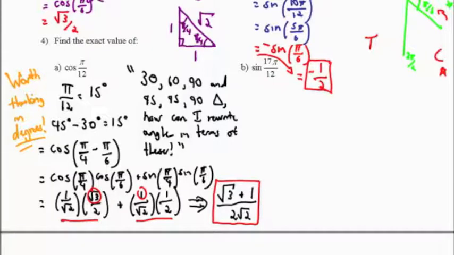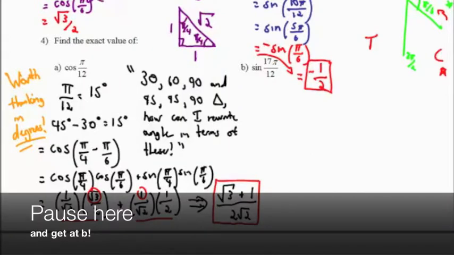So I end up with this, which is an exact value, and wouldn't you know it, if you plug in cosine of pi over 12 in your calculator and then plug in the square root of 3 plus 1, all of that divided by 2 root 2, you will end up with the same decimal. So hallelujah, we know we're correct. Now that I've done my part, you do yours and do part B.